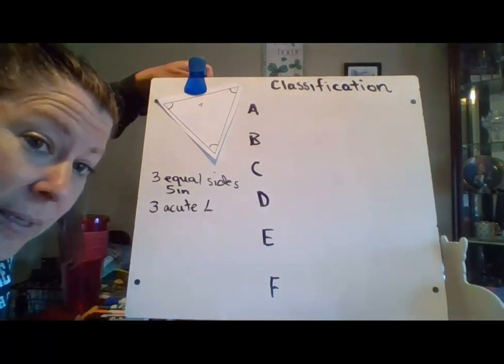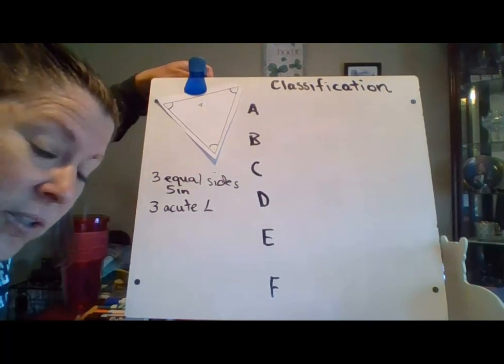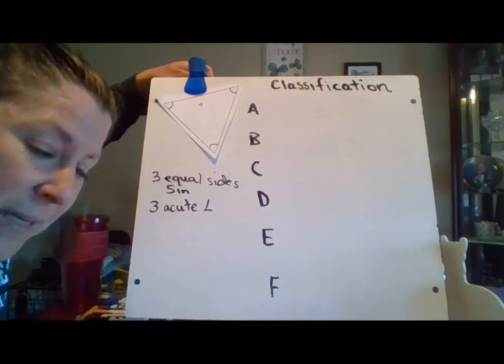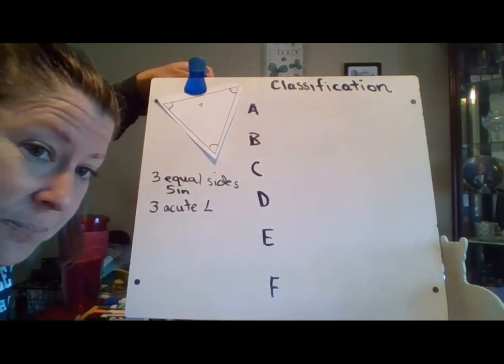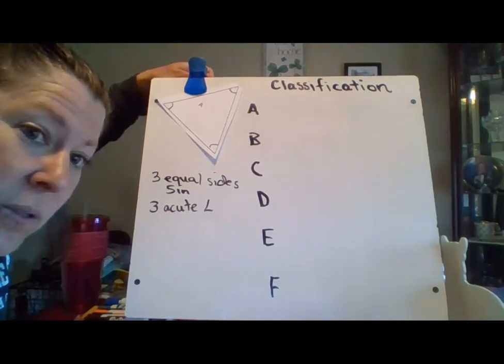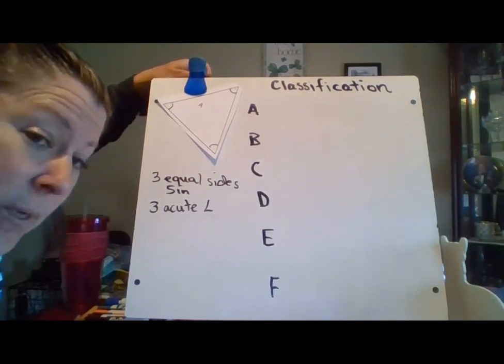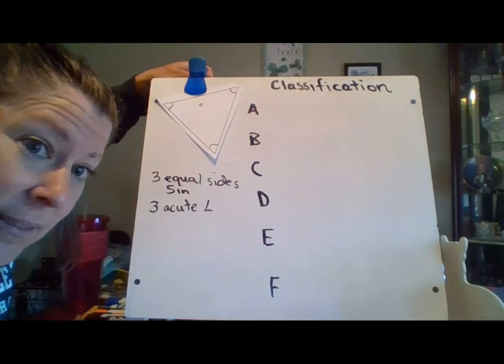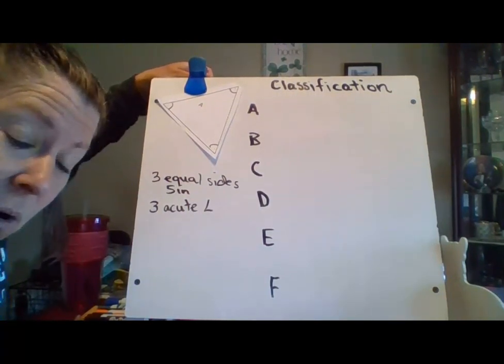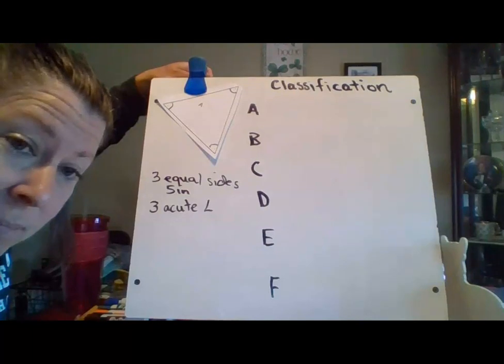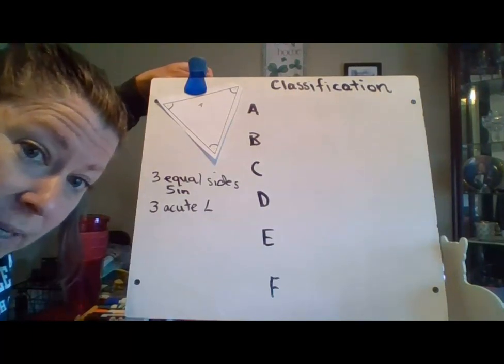And I'm going to tell you a little secret. If all 3 sides are equal in a triangle, then all 3 angles are equal in a triangle. So each of those angles would equal 60 degrees if I were to measure them, because all of the angles in a triangle have to equal 180.